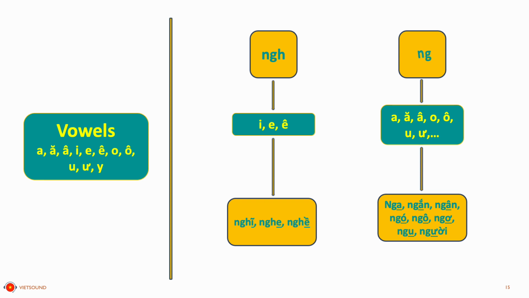The n, g combination is followed by other vowels like a, o, u, ư. For example, we have some words like nga, ngắn, ngân, ngó, ngô, ngơ, ngu, người.